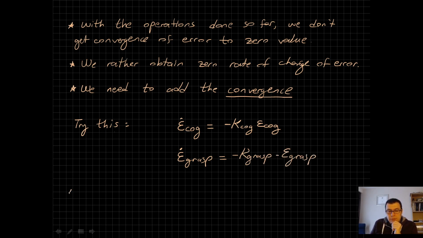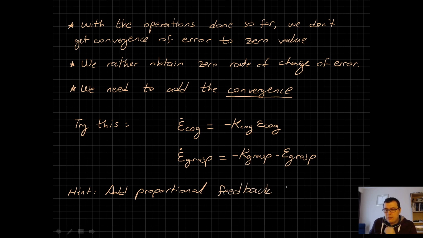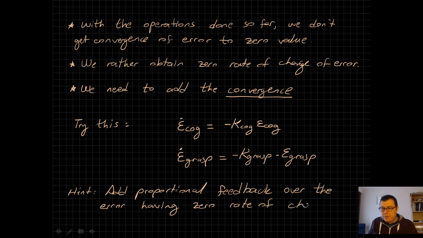So let's put here a hint: add proportional feedback over the error having zero rate of change.